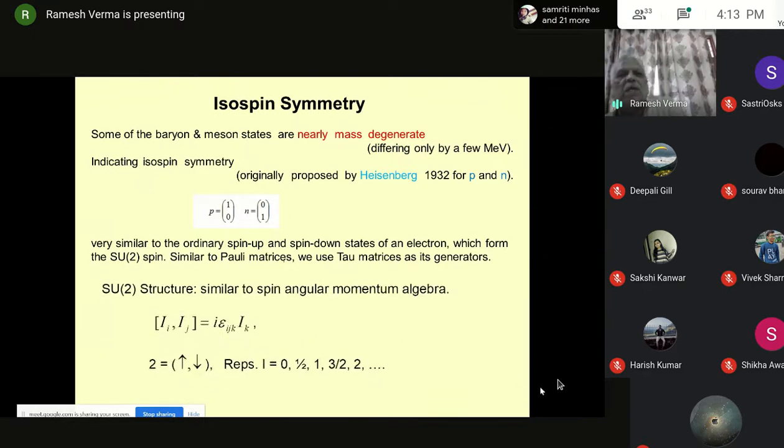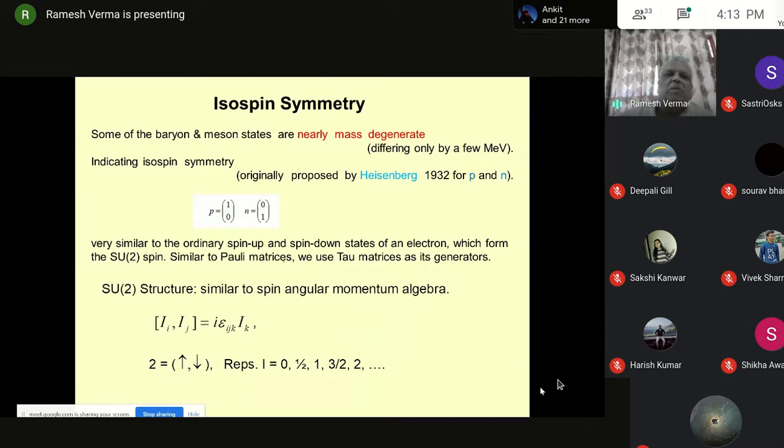So again, as a quick reminder, some of the baryon multiplets, as we see, are nearly mass degenerate, and Heisenberg, as early as 1932, recognizing the almost near equality of proton and neutron mass, suggested the idea of isospin symmetry.